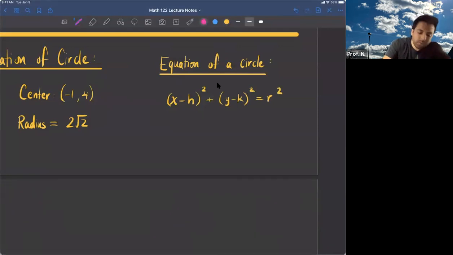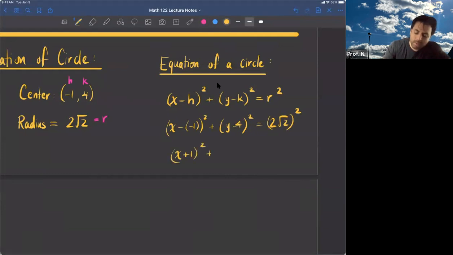Well, I have my h, and I have my k, and I have my r. So all I have to do is plug in. So this becomes x minus -1 parentheses squared plus y minus 4 squared equals 2 rad 2 squared. X minus -1 is x plus 1 squared plus y minus 4 squared.